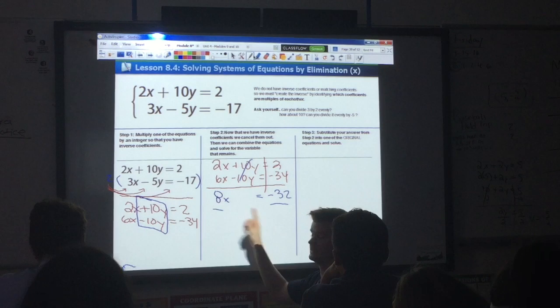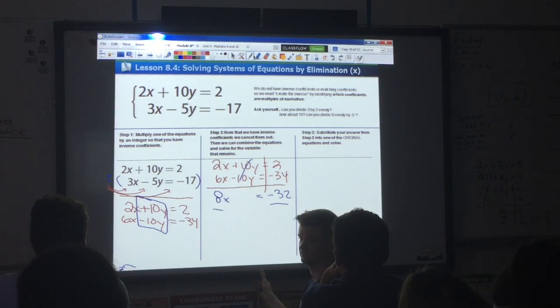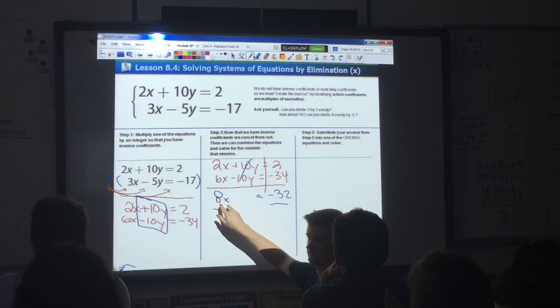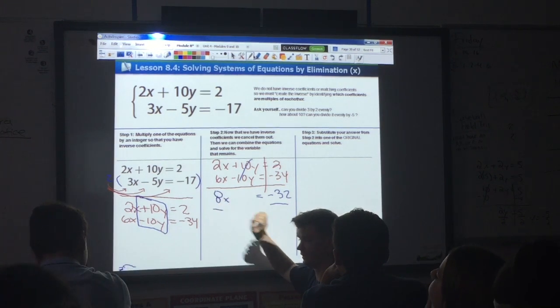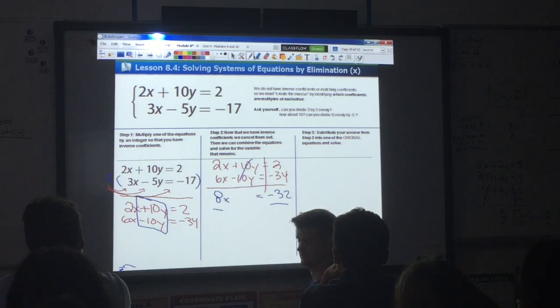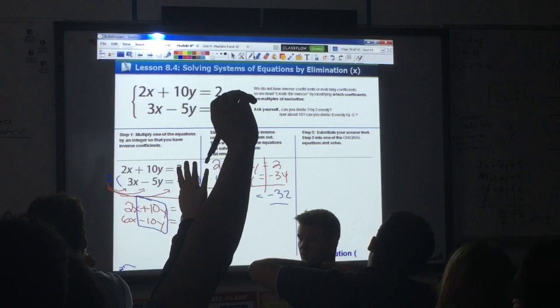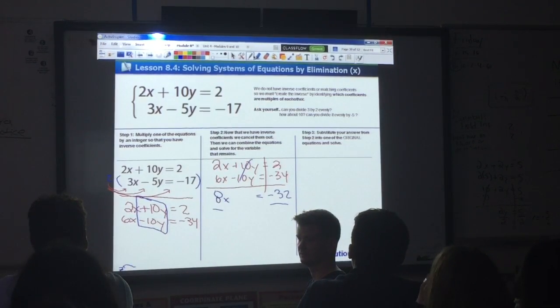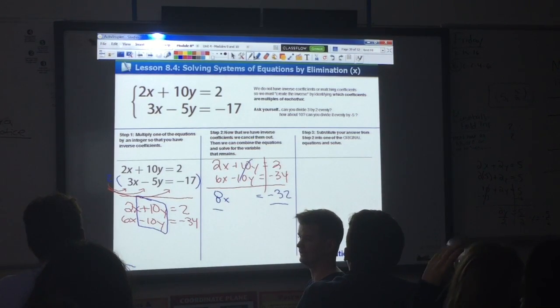What operation is happening here? Anybody want to help them out? Multiplication. What's the inverse of that? Division. So we're going to divide both sides by 8.